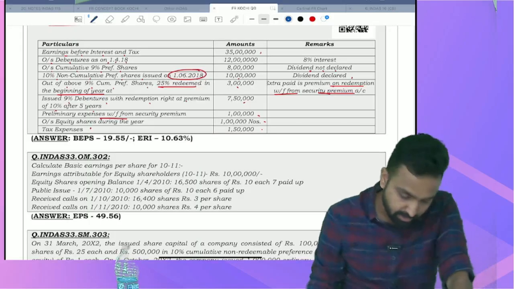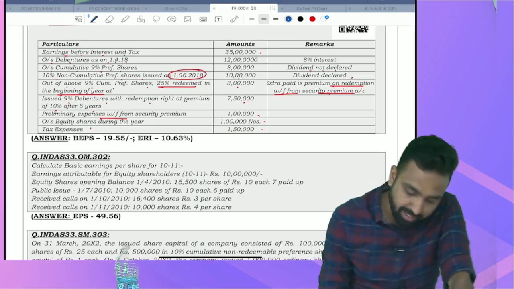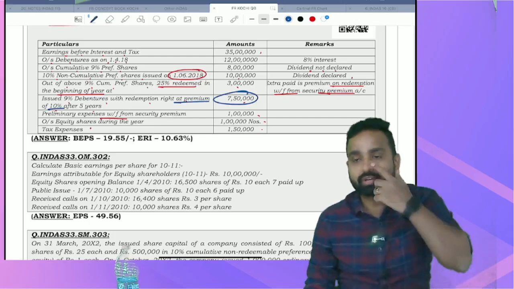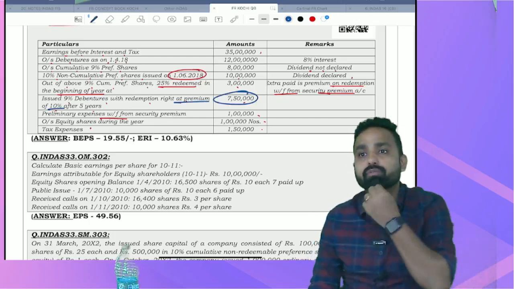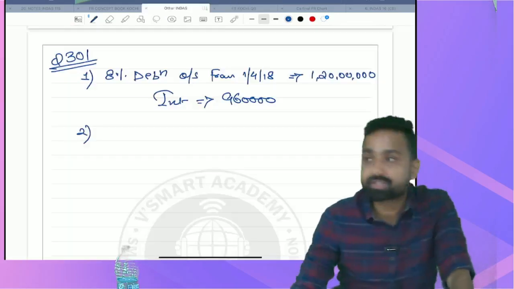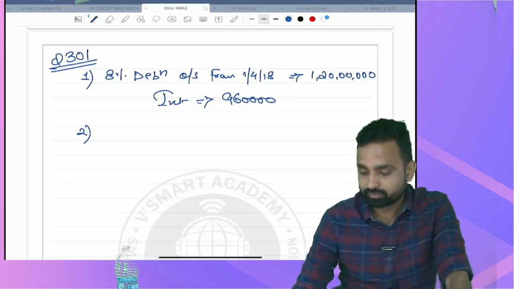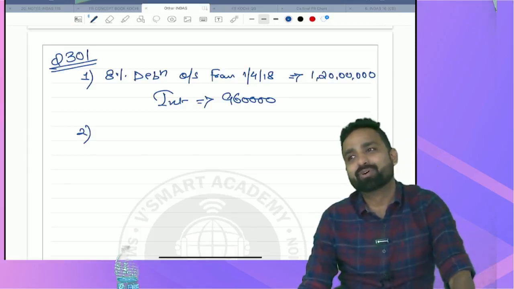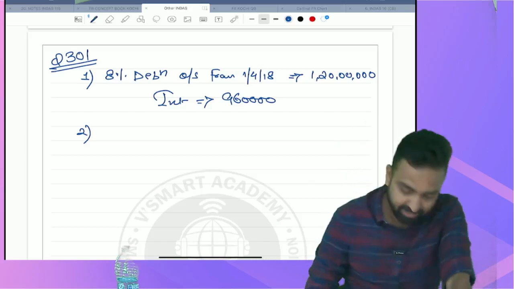Yes. Issued 9% debentures with a redemption right at a premium of 10% after 5 years. How much? At which rate? Which amount you have issued? 750. And what is the rate? What is the interest? No. Do the effective rate of interest accounting, AMC. Why?